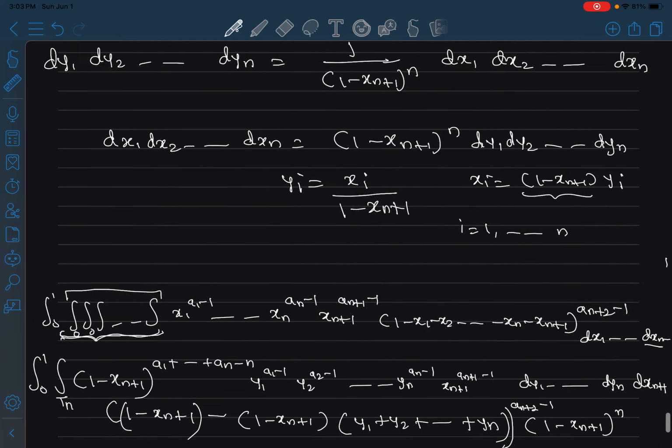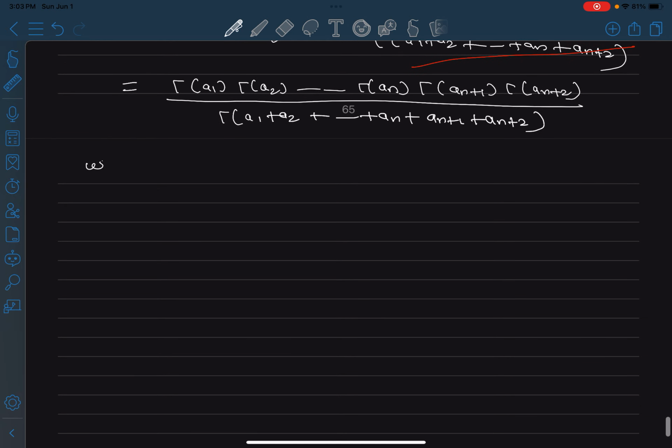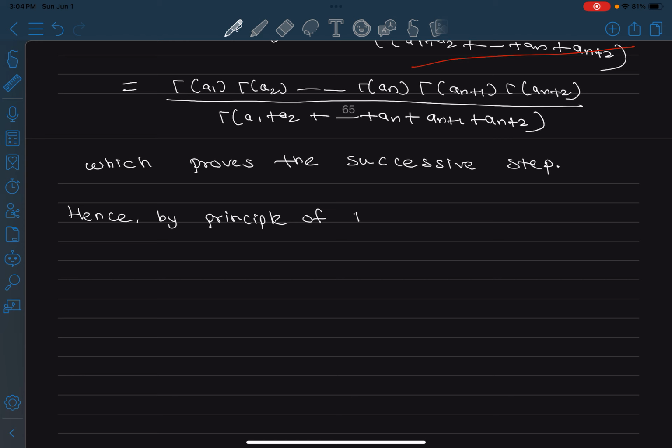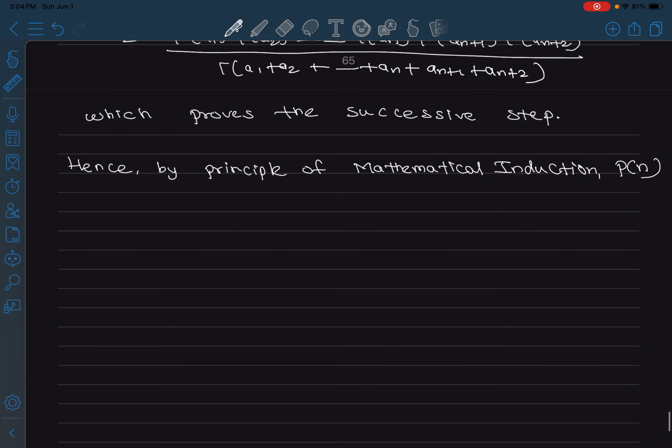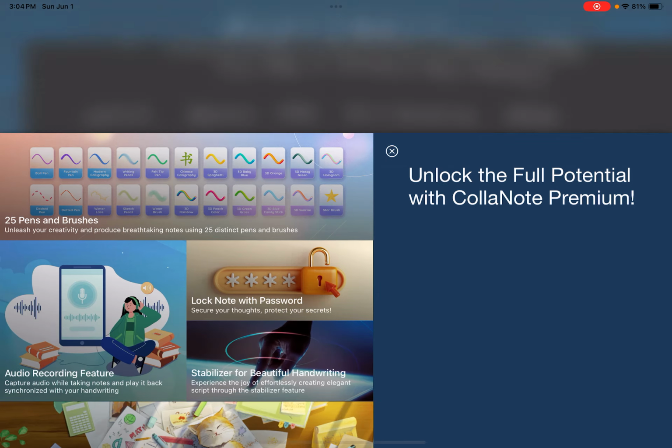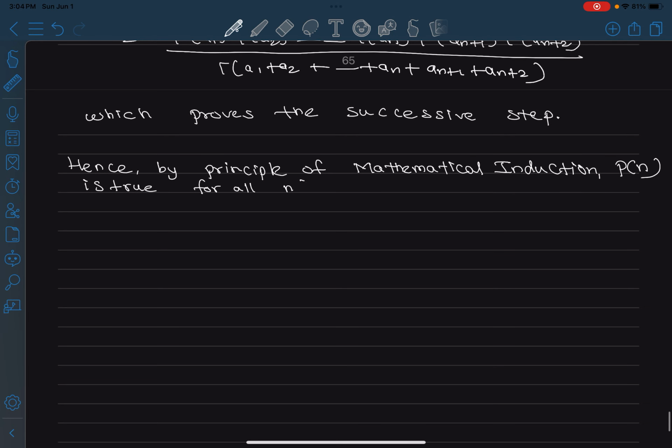Which proves the successive step in the induction. So from here we can say, hence, by the principle of mathematical induction, that P of n, that means the integral that we want, this Dirichlet integral or generalized beta integral formula, is true for all n greater than or equal to 1.